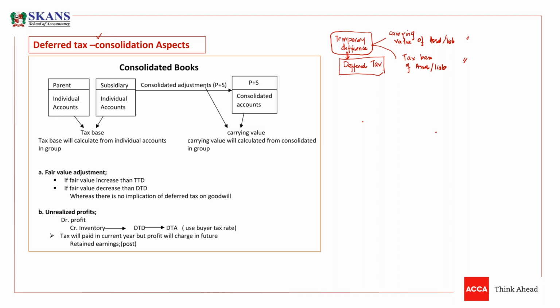We have the parent's individual books and the subsidiary's individual books, and we combine them, we consolidate them, we make consolidation adjustments, and we make consolidated accounts.